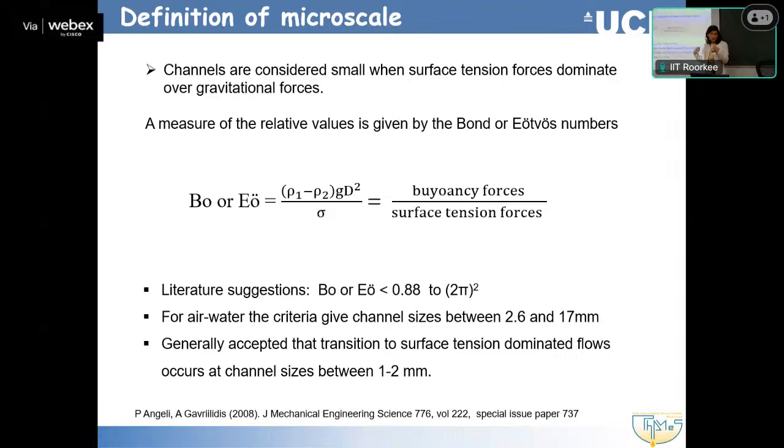So even a channel of 17 millimeters can be considered small, or a channel where the gravity forces may not be important. You will see a lot of literature with people working on 17 millimeter channels and calling them microscale. But most of the literature is around this 1 to 2 millimeters as an upper limit.